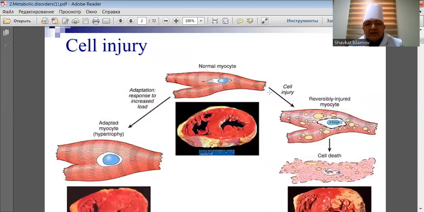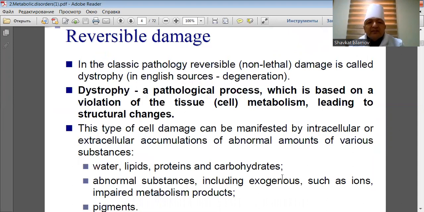Cell injury types. Reversible damage. In classic pathology, reversible damage is dystrophy. Dystrophy is a pathologic process of disturbed tissue metabolism leading to structural changes.